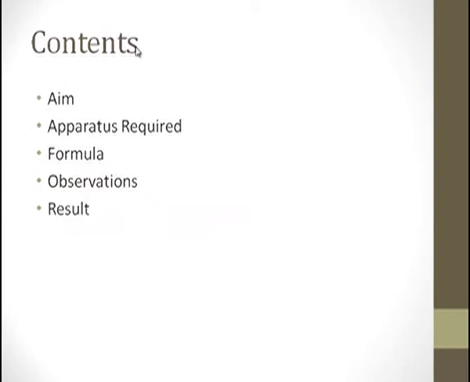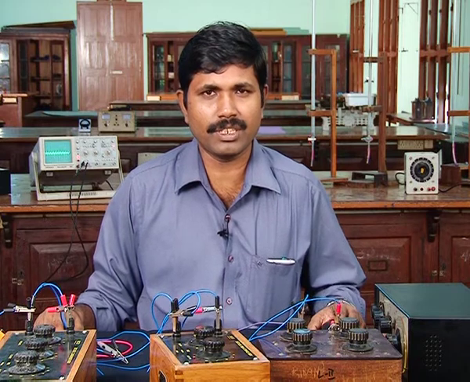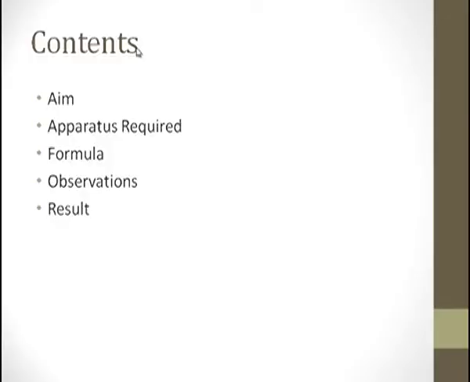This lecture will be organized in the following way. First, aim of the experiment, then apparatus required to do this experiment, formula, theoretical formula used to calculate the resonant frequency, quality factor of the circuit, and bandwidth of this LCR circuit. Then observations.